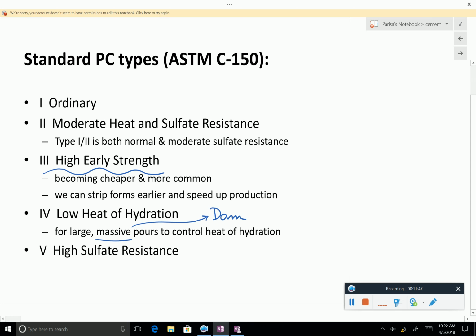Or if the weather is very warm where you have your project. So we want to take a look a little bit at the composition of each of these cements. So based on our understanding of the composition, we can explain these properties.